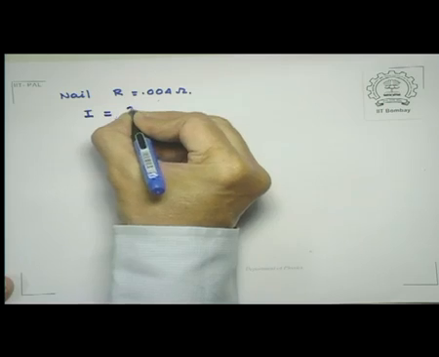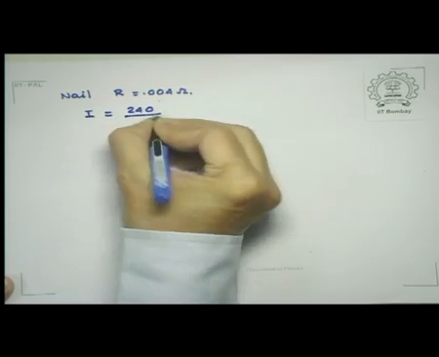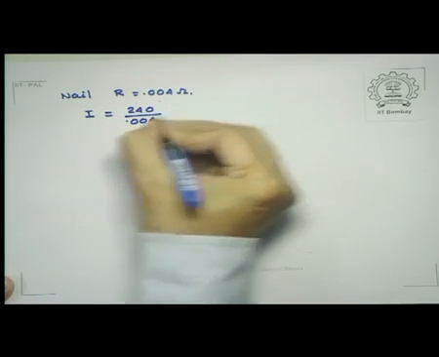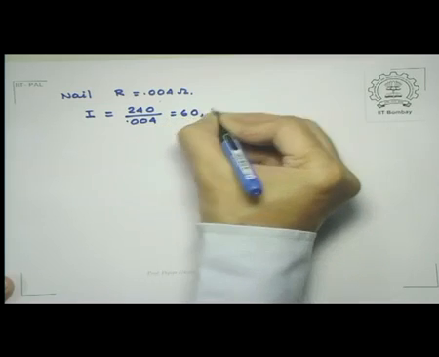Now obviously I cannot directly connect such a small resistance to the mains. Suppose my mains is 240 volts. Then the current that you generate would be 240 divided by 0.004, which is equal to 60,000 amperes.